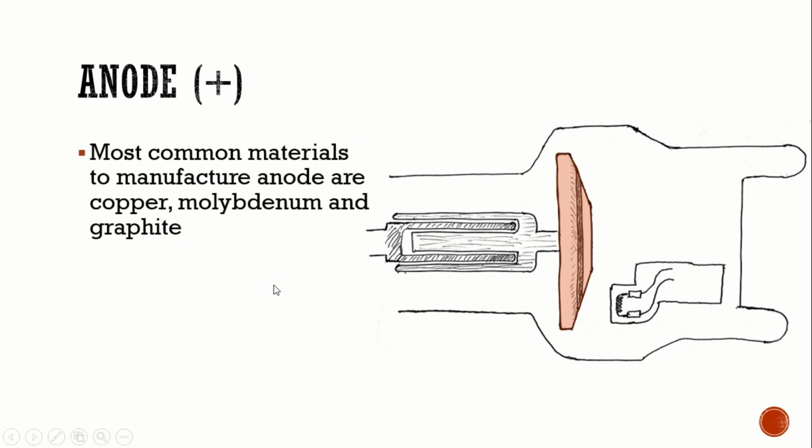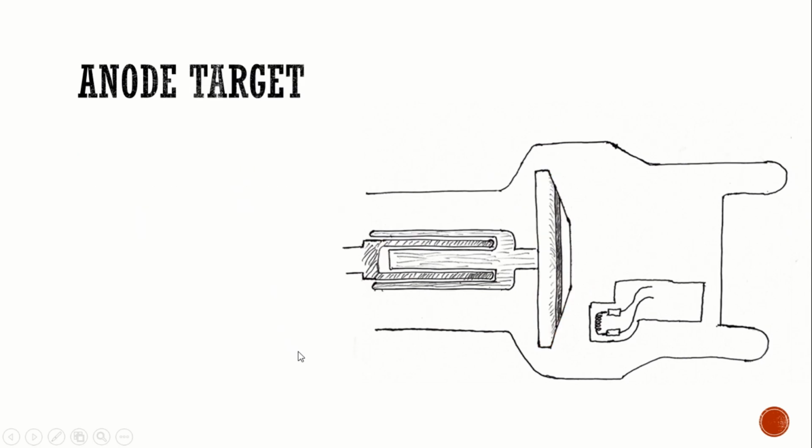The most common materials to manufacture anode are copper, molybdenum, and graphite. So let's talk about the anode target.